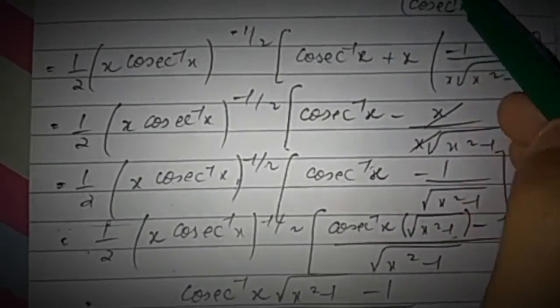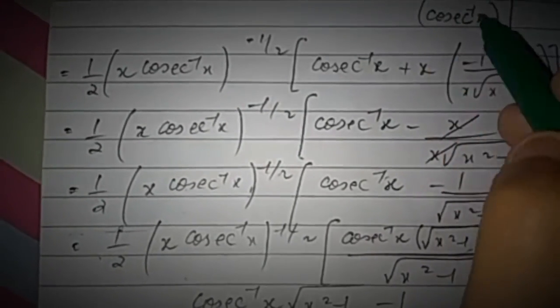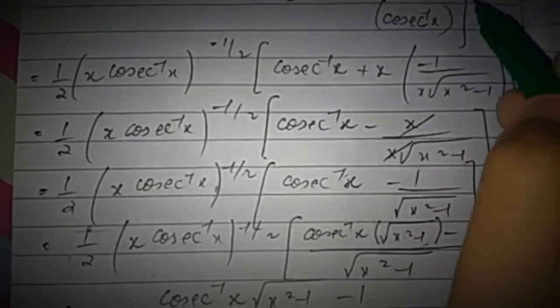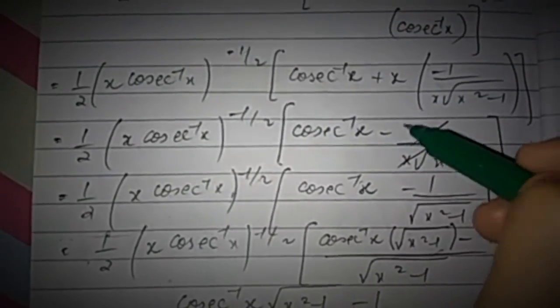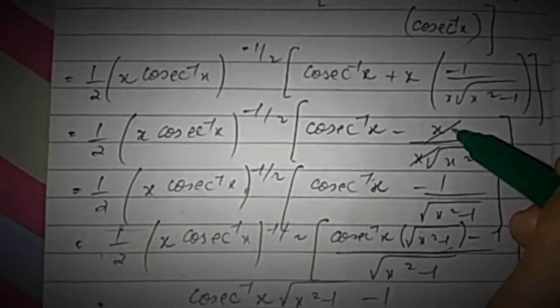D by dx of x, whenever we take the derivative of x which has the power of 1, comes 1, and plus x into d by dx of cosec inverse x. The derivative of cosec inverse x is minus 1 by x under root x square minus 1. You have to learn all the formulas related to inverse trigonometric functions which I have given in the previous video.